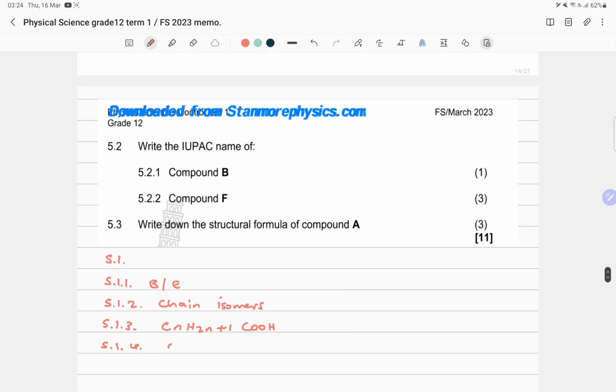So we know that this is the carbonyl group, also known as the formyl. So you don't write both, write one. So you can either write formyl group or carbonyl group, because what is it?